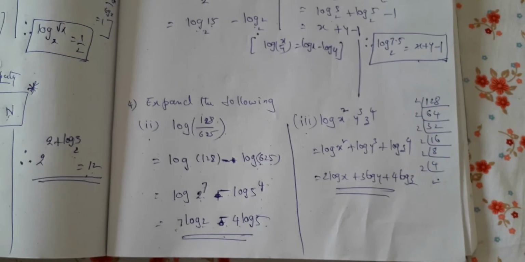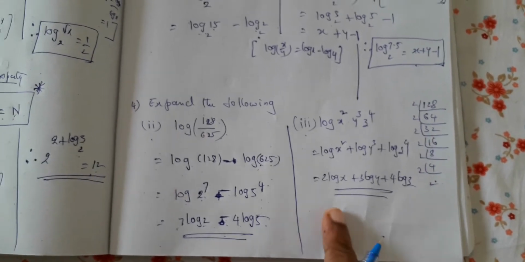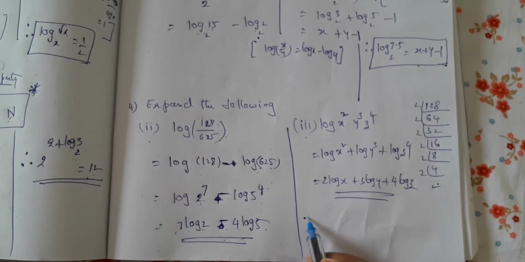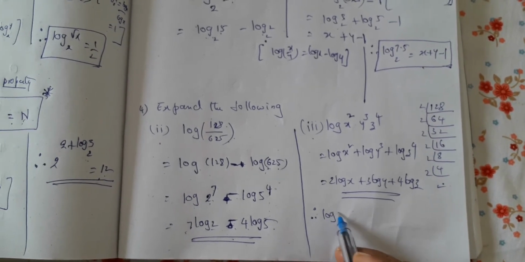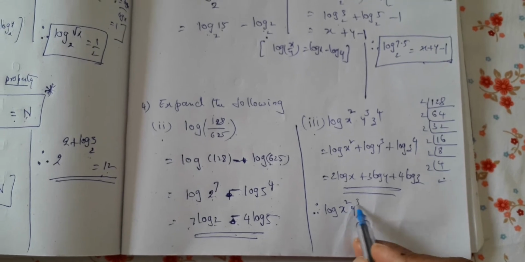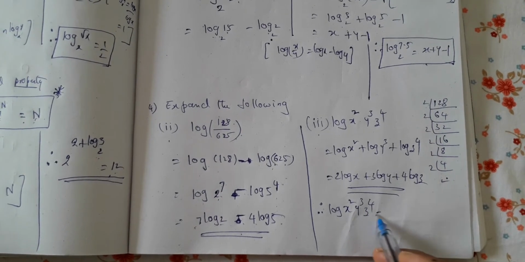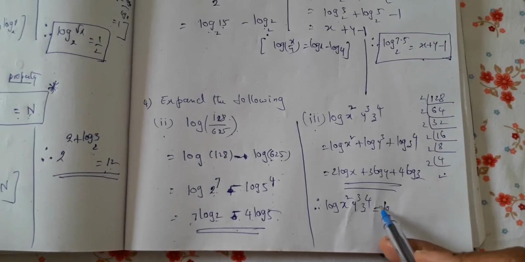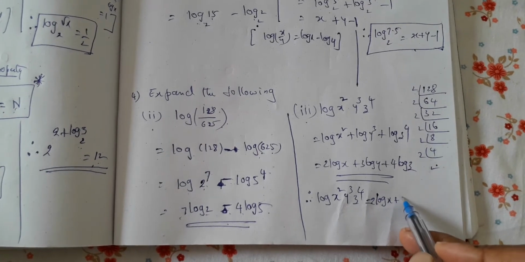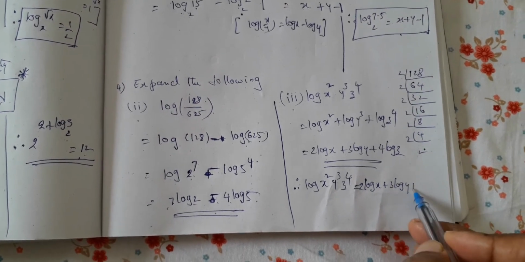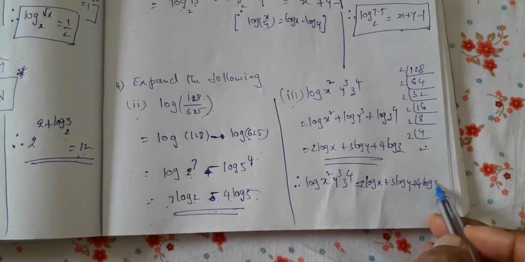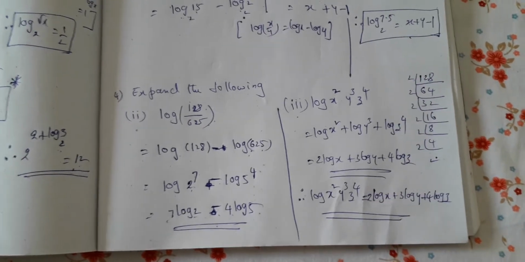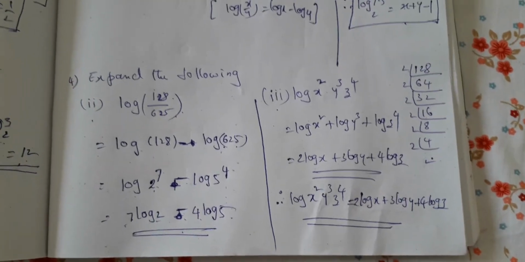This is the final answer. But don't forget to write therefore. Therefore, because you are all class 10 children. When you are going to the public exam, how you conclude is important. So this is how you have to conclude.